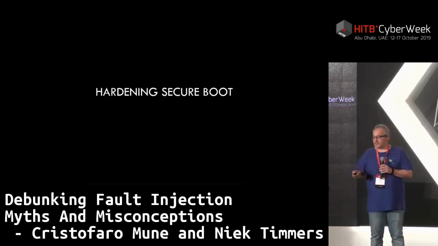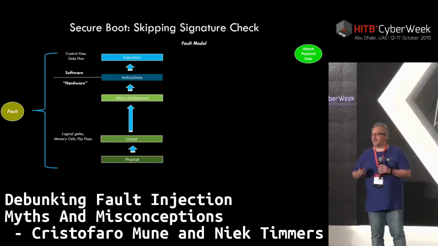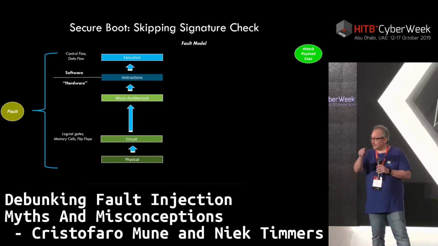And this means that, for example, in the case of secure boot, the typical attack is skipping a signature check. If the signature is valid, you continue. And because the branch is conditional, if you skip the instruction that makes the comparison, chances are that you will go down the wrong control flow path.